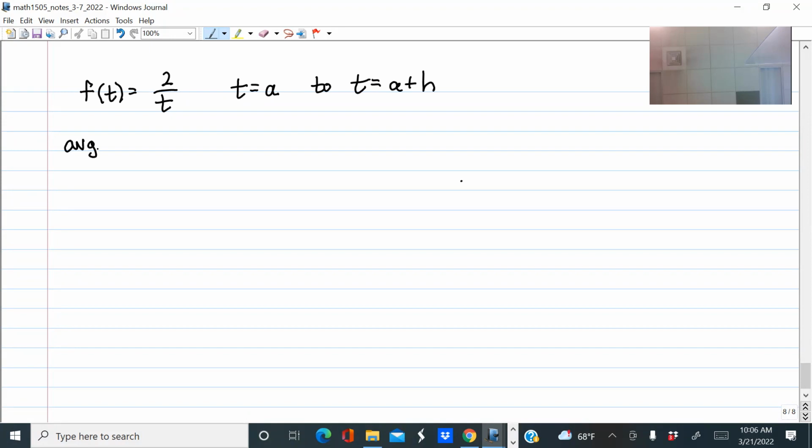So just remember, your average rate of change formula is just the same as the slope formula. You're going to carry out this calculation, f of a plus h minus f of a, and then divided by a plus h minus a.